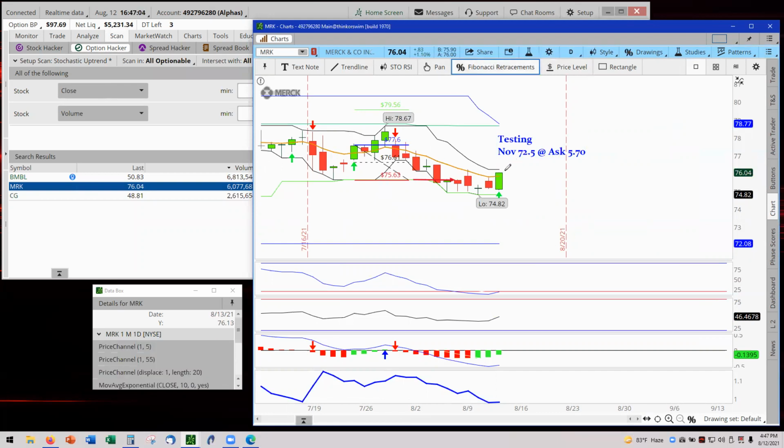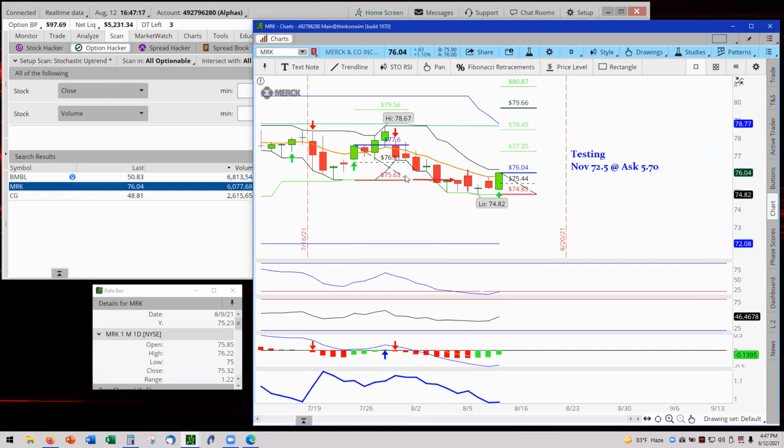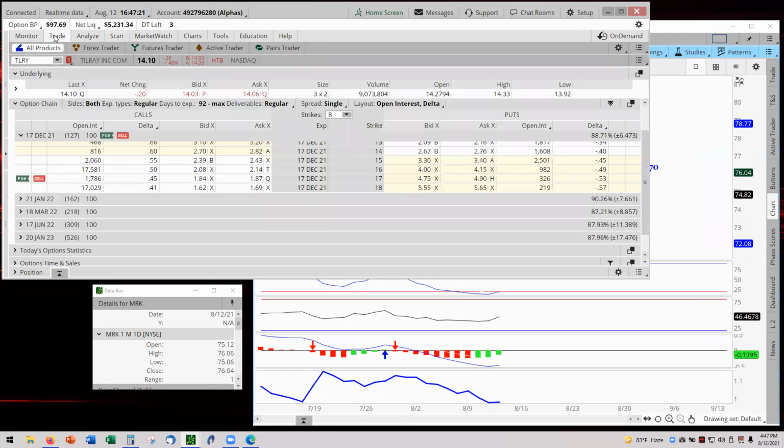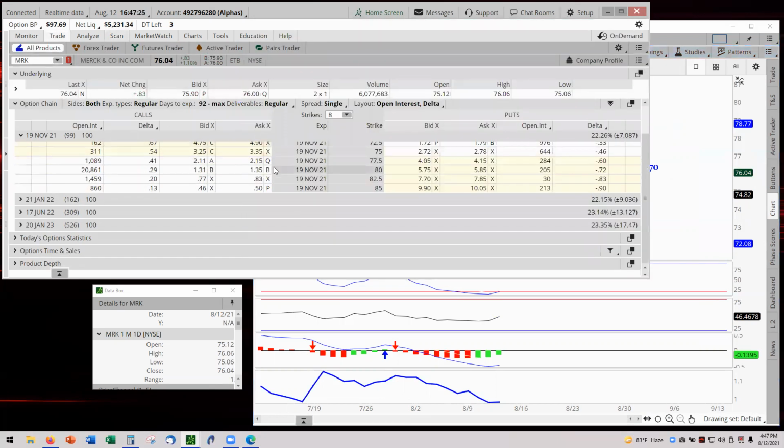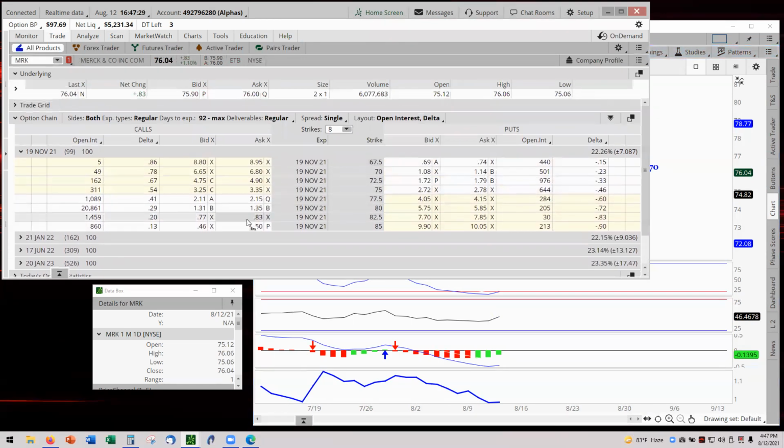So now we have a new re-entry. We'll come down here, top of the candle, low swing. And now this is testing November 72.5, asking 570. That's what this was. So we could do the same thing. We can come here and just arbitrarily pick something. Remember that we're looking for November, so we're looking at something within our parameters to keep it real.